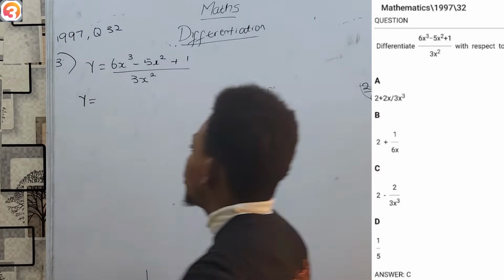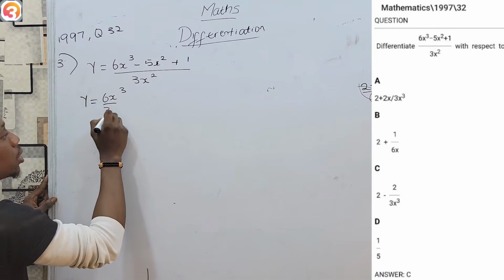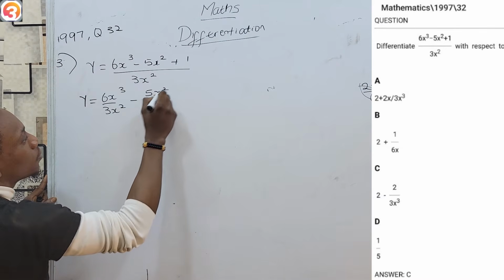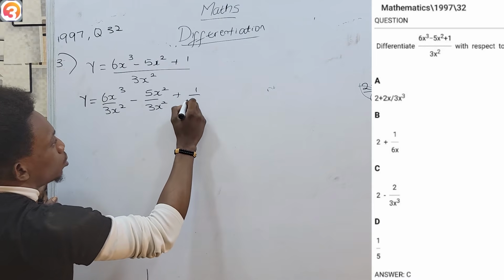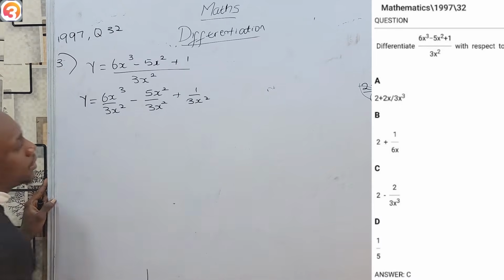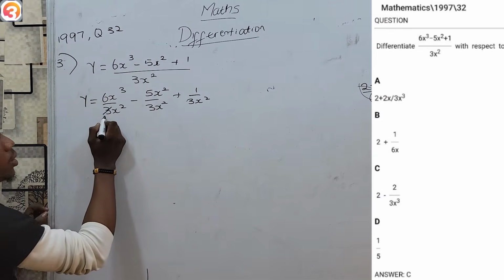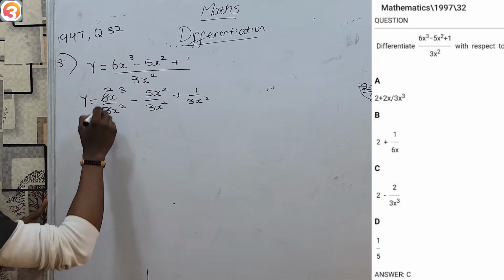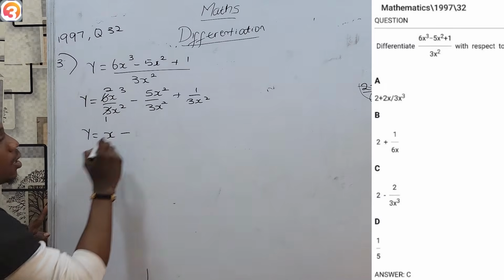So this guy gets it, this guy gets it. That means in this case, I could have 6x cubed over 3x squared minus 5x squared over 3x squared plus 1 over 3x squared. And so what can happen here? 3 here is 1, 3 into 6 is 2. And x cubed over x squared is x.